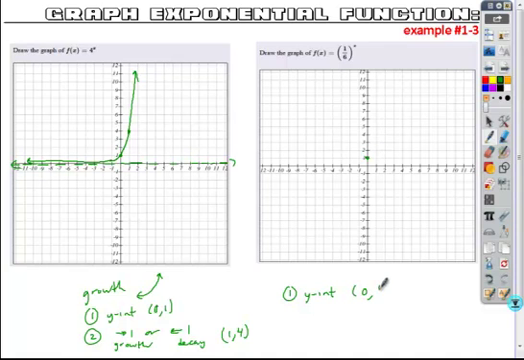Again, if it happens to have a horizontal shift, you're going to use the point that corresponds to that horizontal shift. And then your second point is going to be either 1 to the left or 1 to the right, because this one is a decay-like function. It's the decay, or the base is smaller than 1. We're going to move 1 to the left.